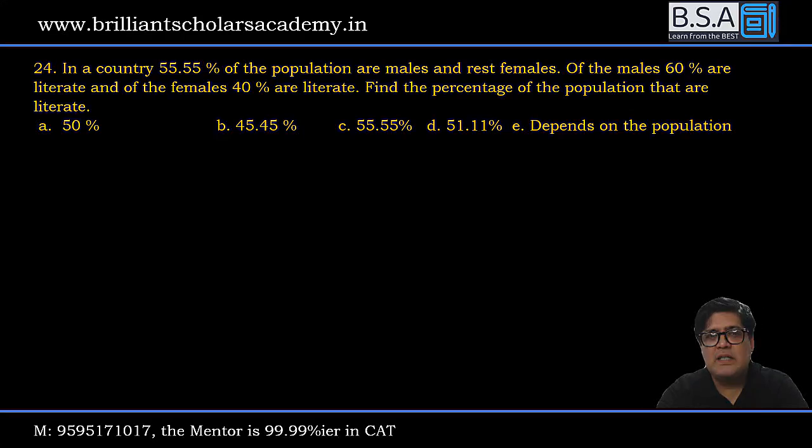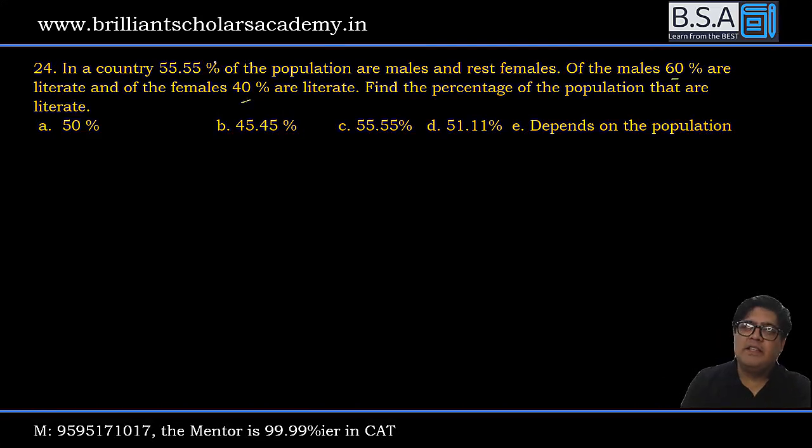Of the females, 40% are literate, पढ़े लिखे females. Find the percentage of population that are literate. पढ़े लिखे लोग कितने हैं? Again, I would prefer to solve it through assumption or ratios.